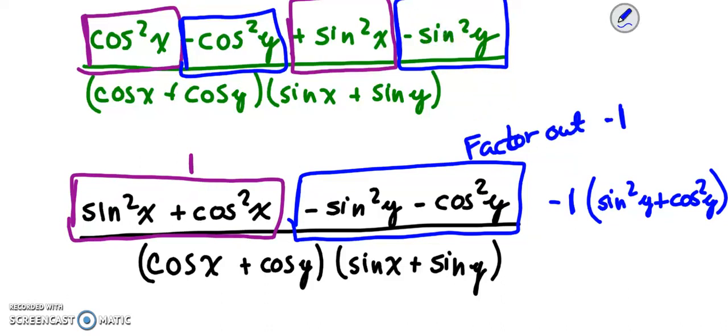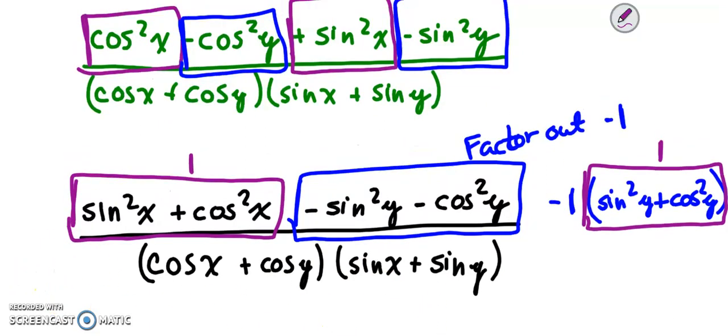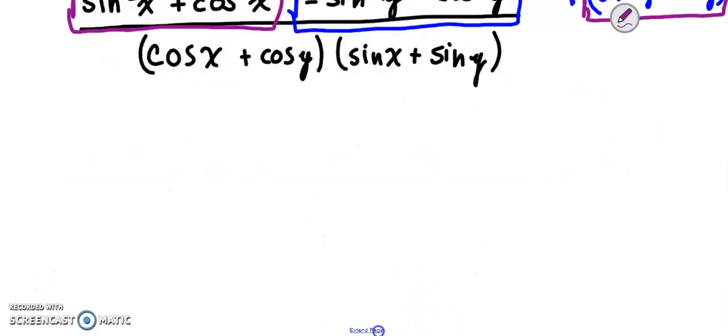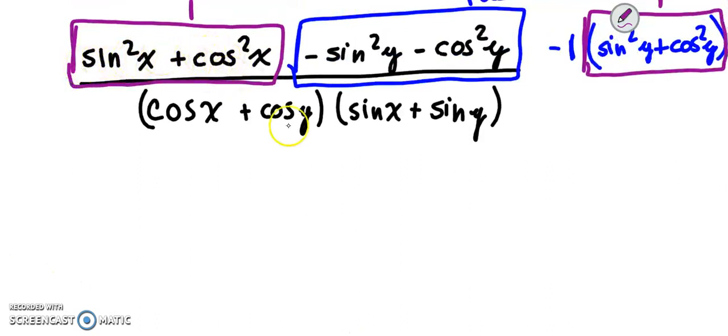And then you're like, okay, but why do we do all that? Perfect. Glad you asked. Again, we know this part right here equals 1, right? So technically this sine squared and cosine squared equals 1.